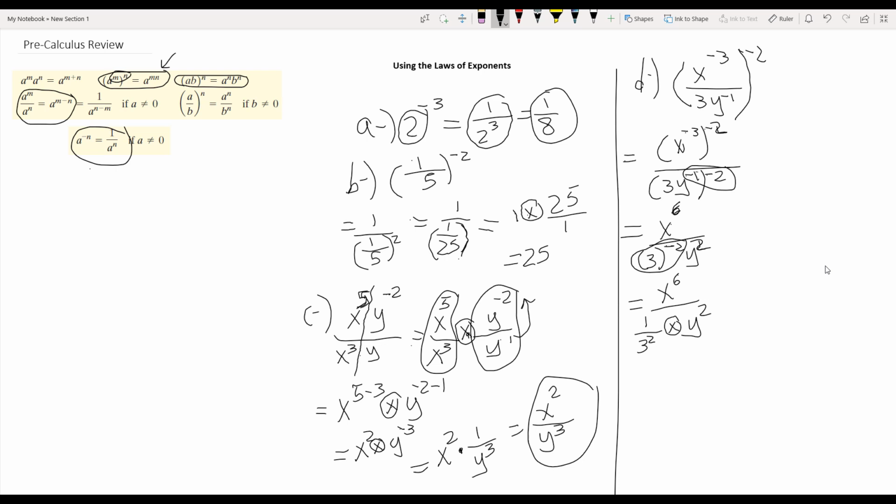So to further simplify this, we can rewrite it as x to the 6 over 1 over 9 times y squared.